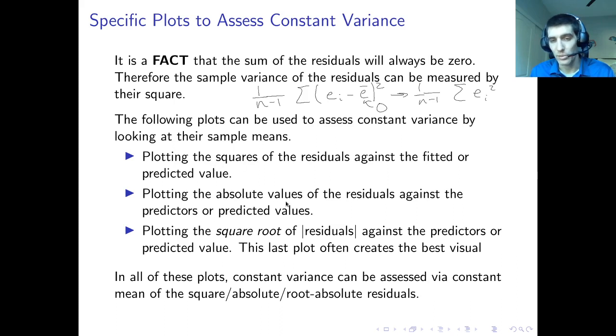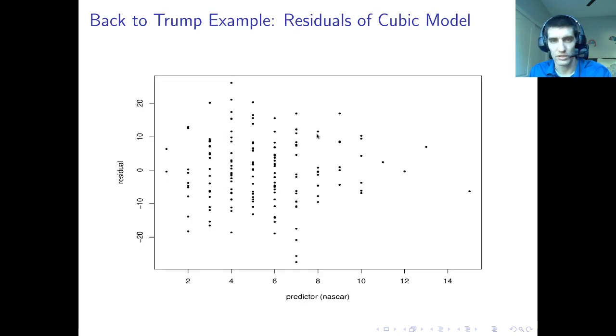You can plot the absolute values of the residuals as a proxy for this, again looking for roughly constant mean. You can plot the square root of the absolute value of the residuals, and this plot will often create the best visual, just because the residuals are more clustered together, so it's easier to assess their constant mean as opposed to being spread all over the screen when you square them. Okay, so these are specific plots for assessing constant variance.